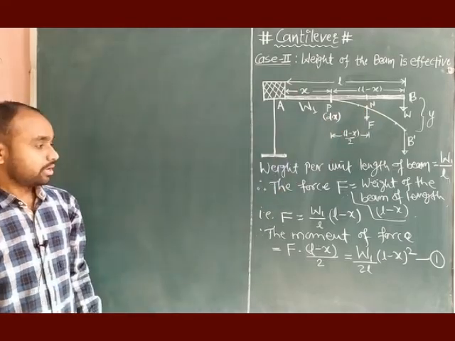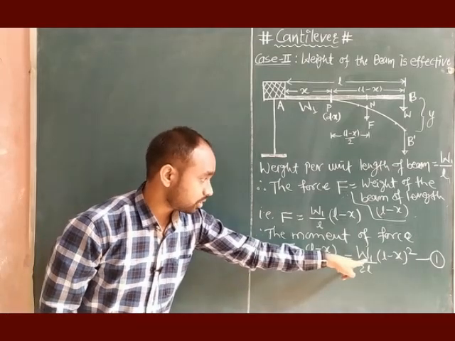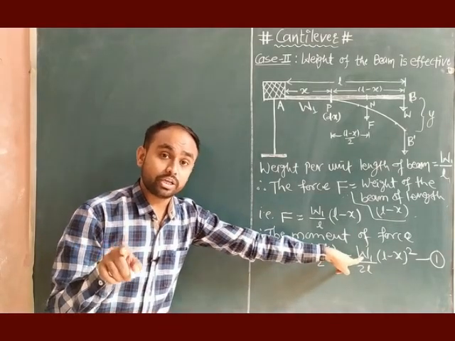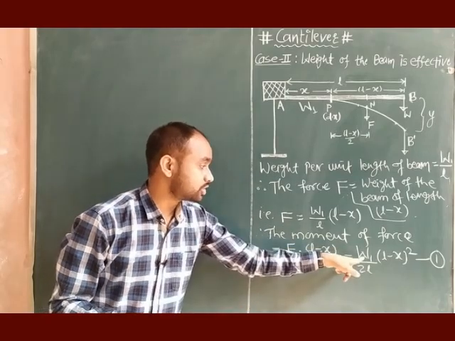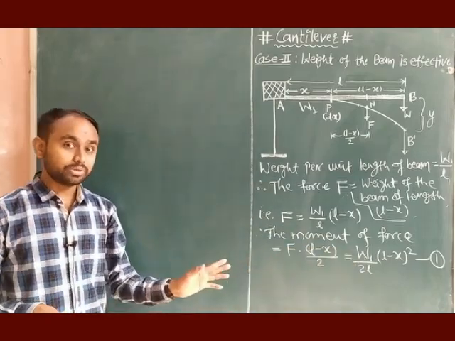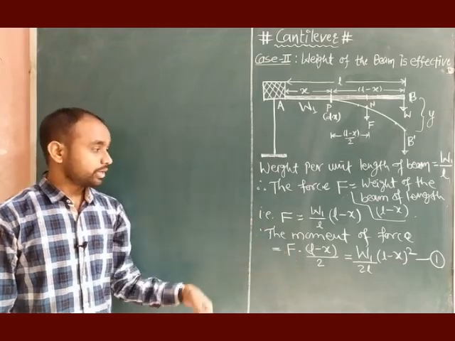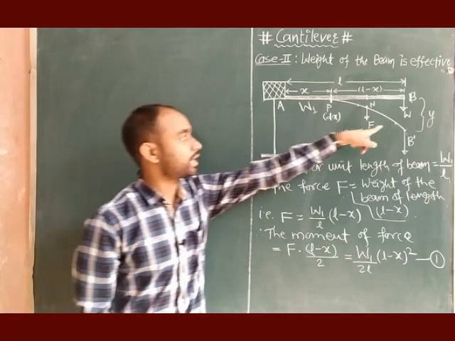Now you can see carefully here, the weight involved in this particular moment of force is W1, not W. That means it has been contributed by the weight of the beam, right? Now let us talk about the weight we have attached.